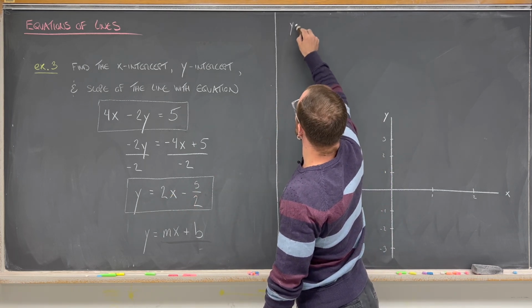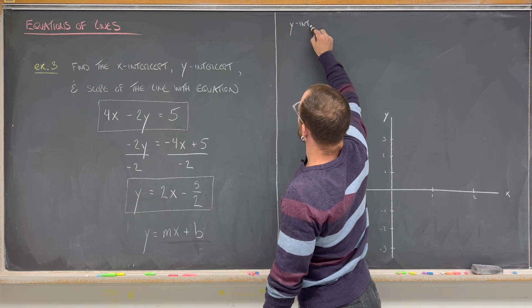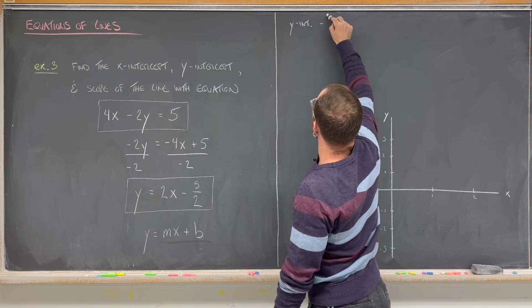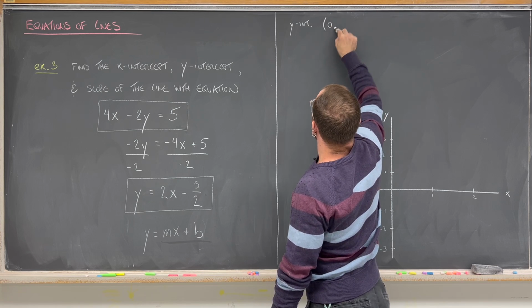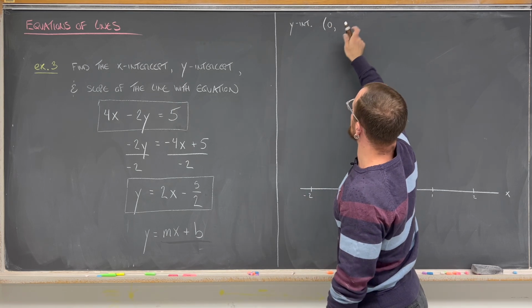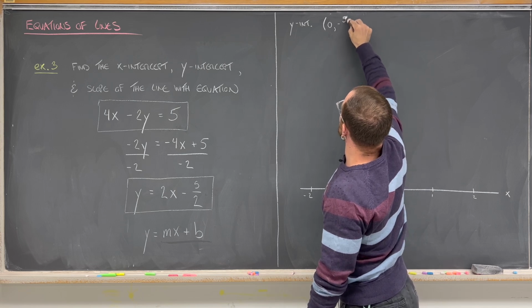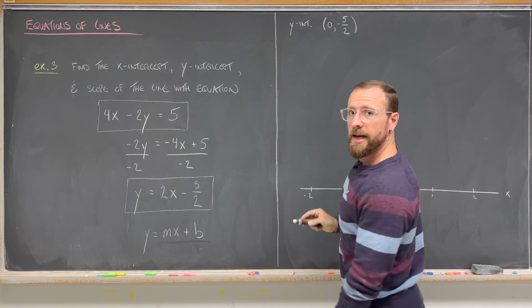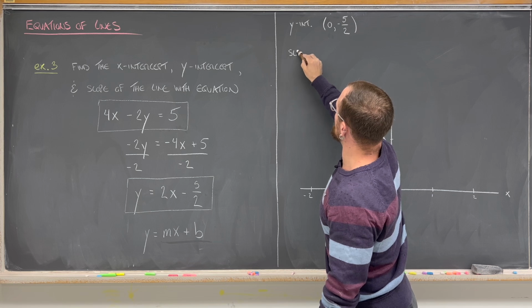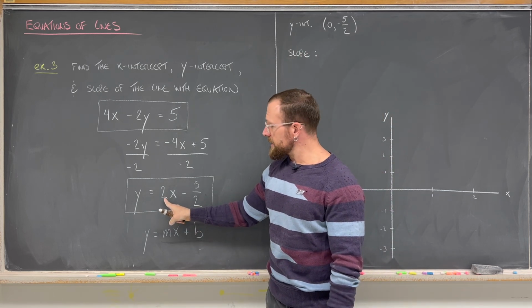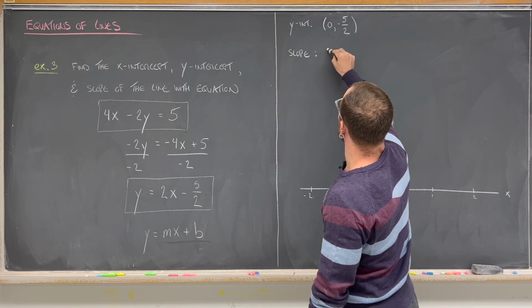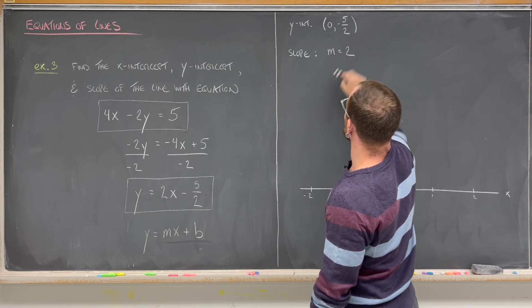So the y-intercept is negative 5/2. Maybe to emphasize that that's on the y-axis, I'll say the x-coordinate is 0. The y-coordinate is negative 5/2. That's the y-intercept. The slope, which I can also see right away at a glance, is 2. Maybe I'll just say m equals 2.